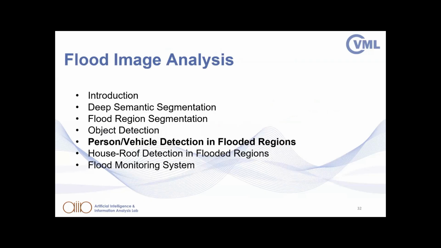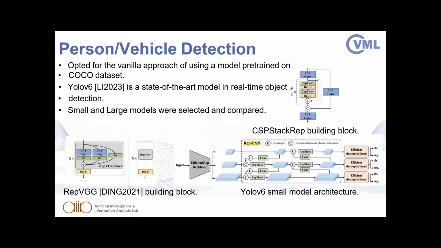So one important application of object detection is person and vehicle detection in flooded regions. Here we see how we detect people and vehicles using a straightforward approach by using a pre-trained model on the COCO dataset.